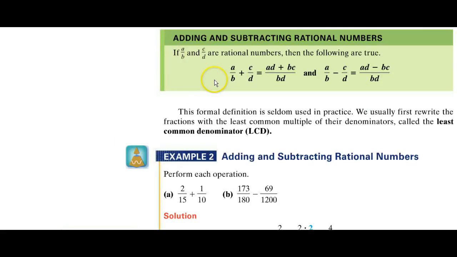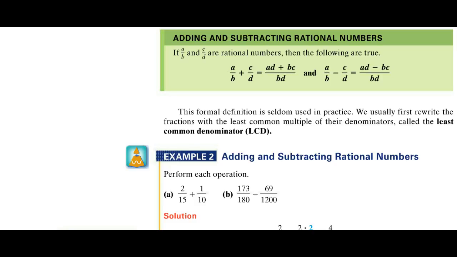So the rule then, as is described here, is that if you have fractions of different denominators, you must get the common denominator by multiplying each by that form of 1 that will make it into your new least common denominator.